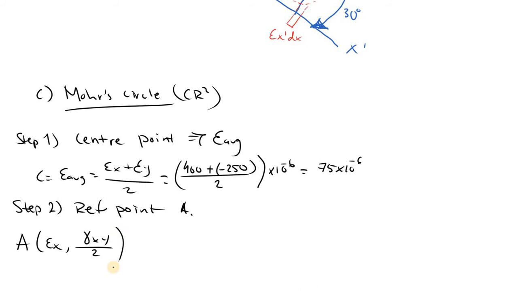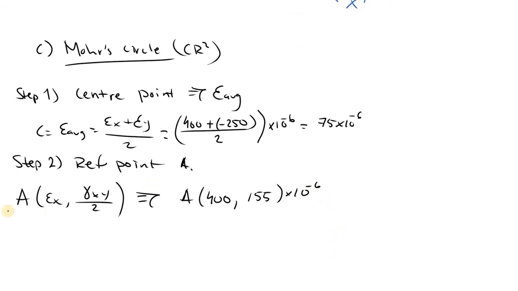That's the only difference when we do Mohr's circle between stress and strain calculations or drawings, whatever you want to call it. So A is in this occasion 400 and then 155. We had a shear strain of 310. All I did was divide it by 2. And I'm going to add my 10 to the negative 6 on the outside, just to save some room.